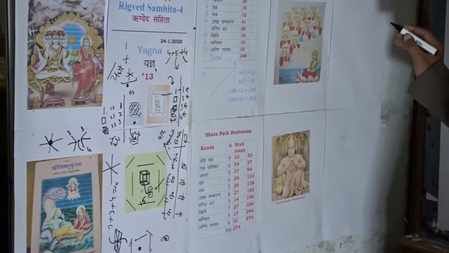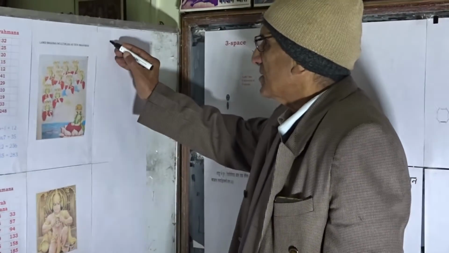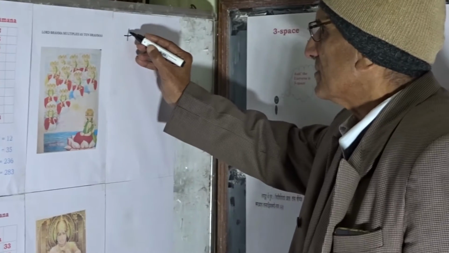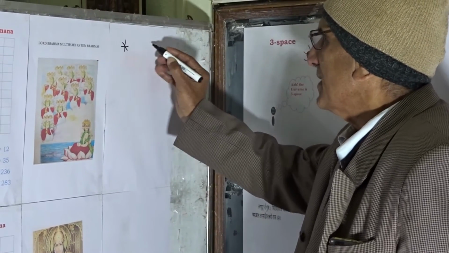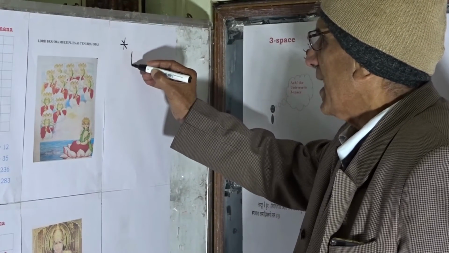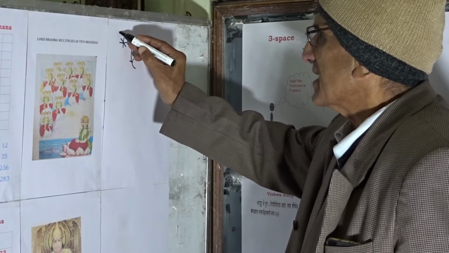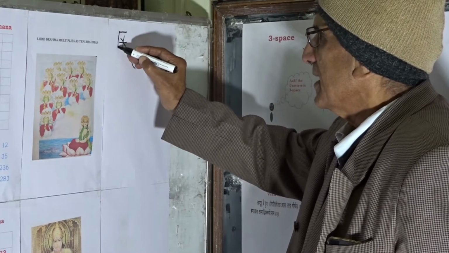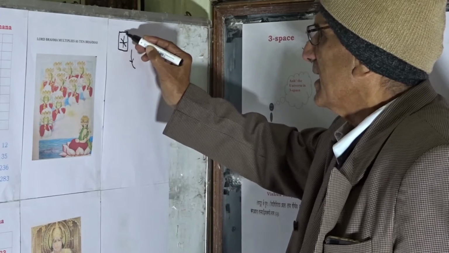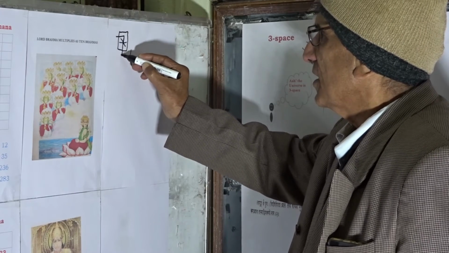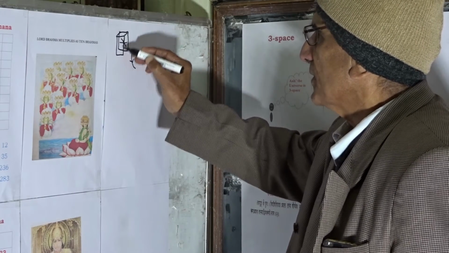So when we are transcending from 3-space, we will be acquiring an additional dimension. This additional dimension will be a degree of freedom of motion for the 3-space body.